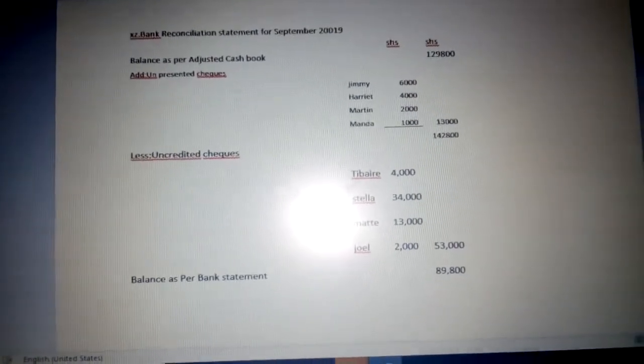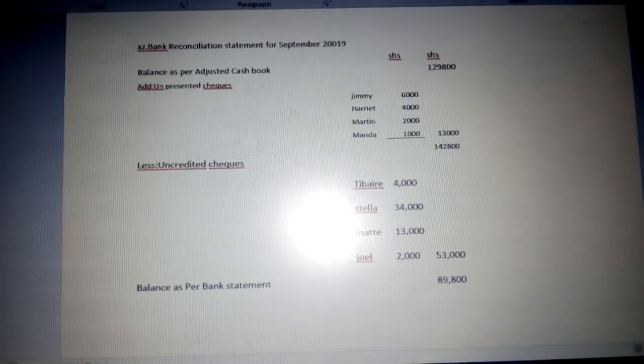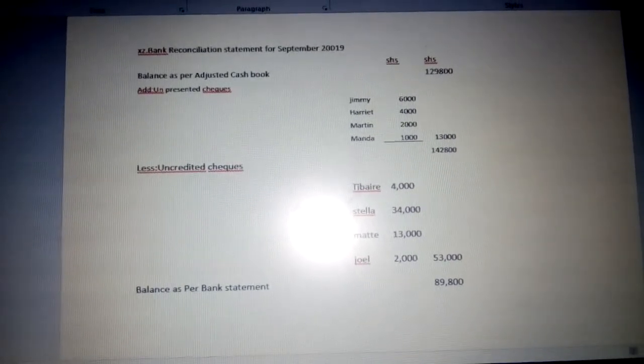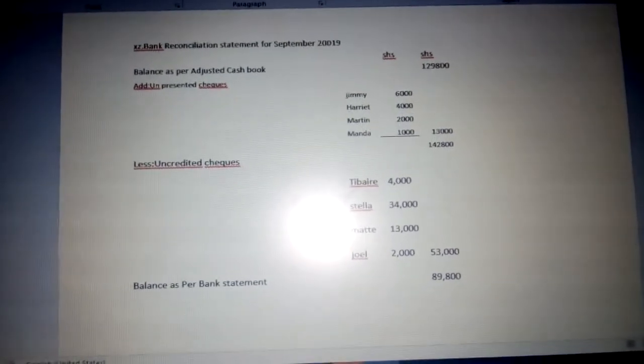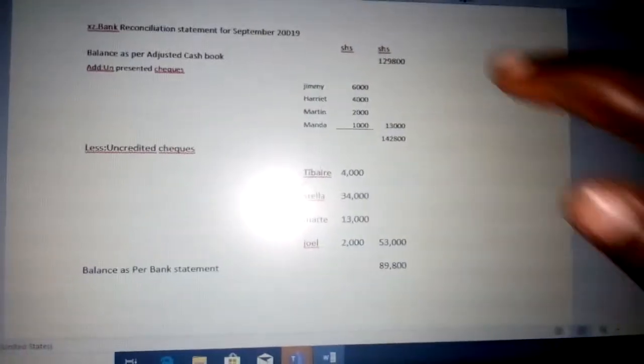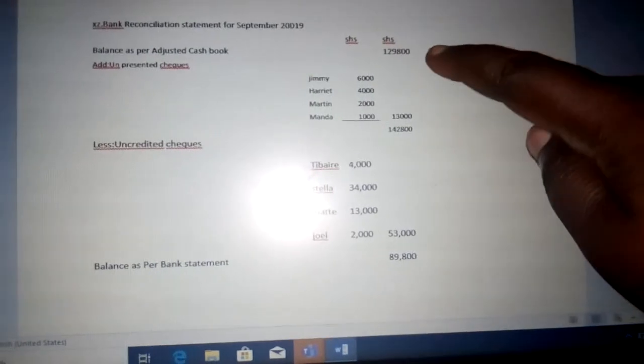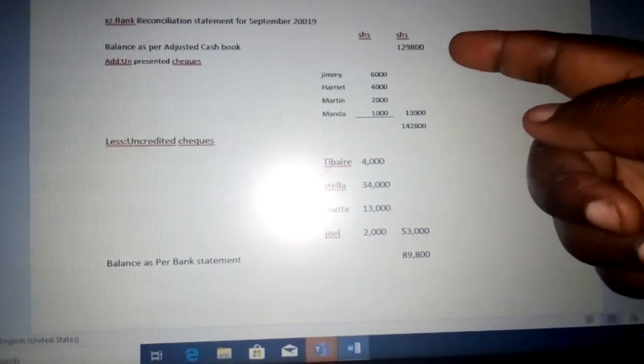So the first thing we do is to take our cash book balance, the new balance, the adjusted cash book balance of 129,800. From there we add unpresented checks.